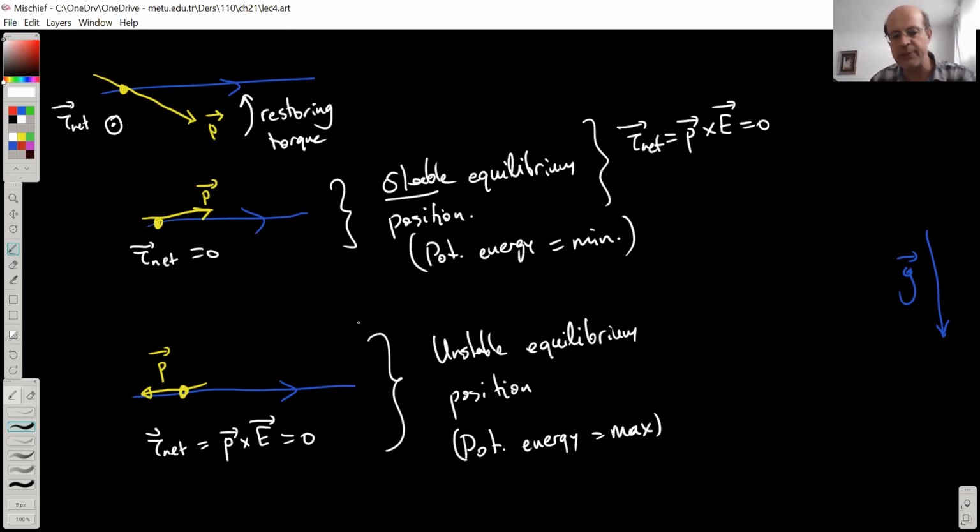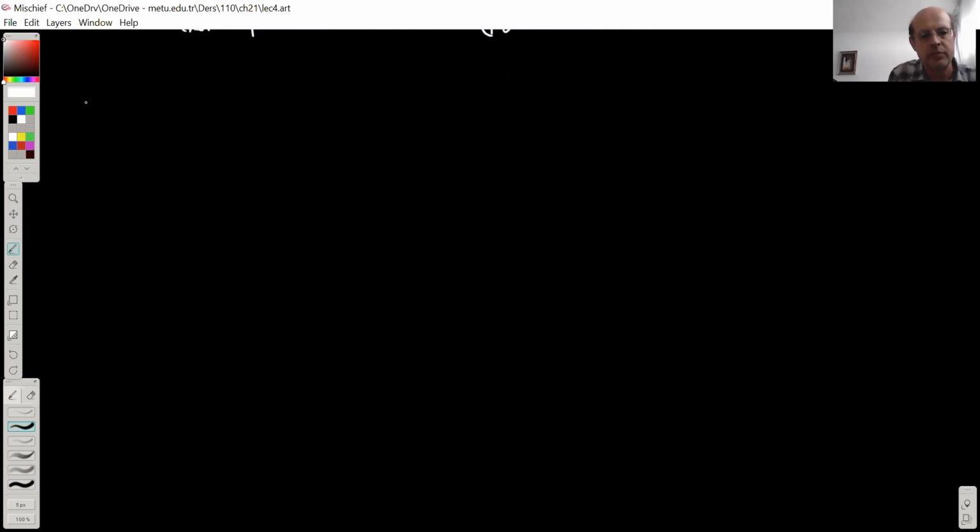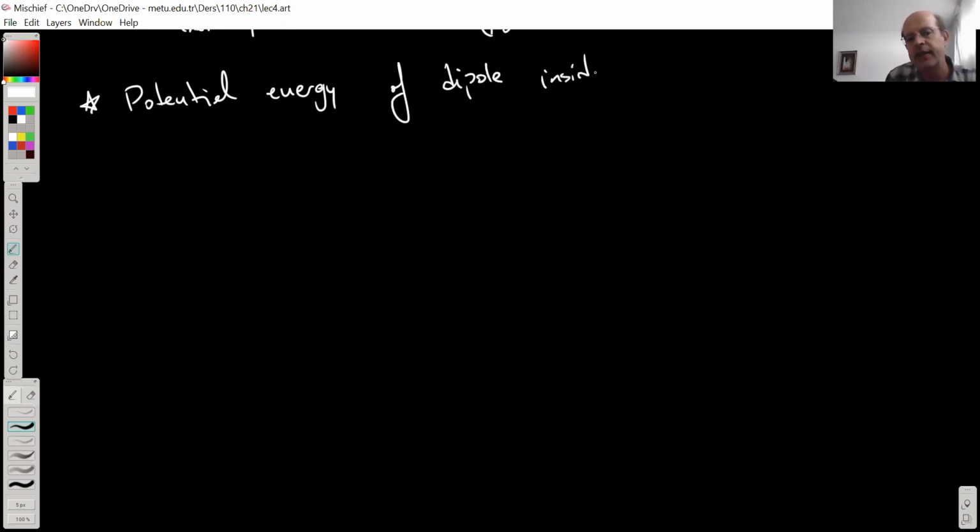Unfortunately, I won't be able to explain this whole water experiment in here, but let's then pass to the potential energy thing. Energy of a dipole inside an external electric field.